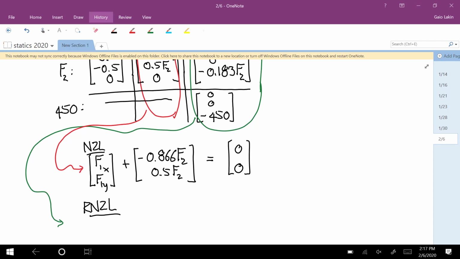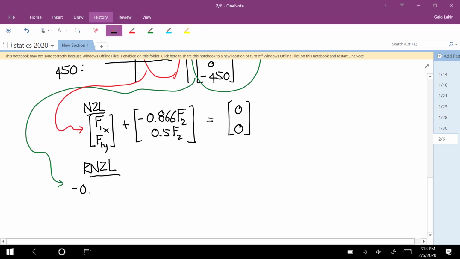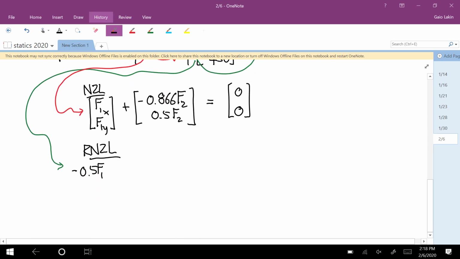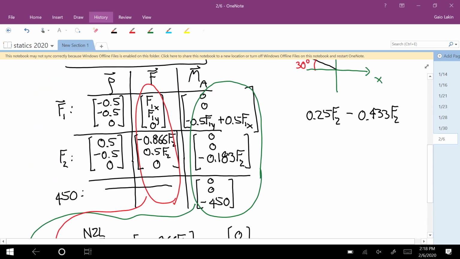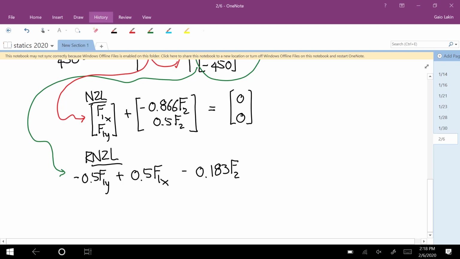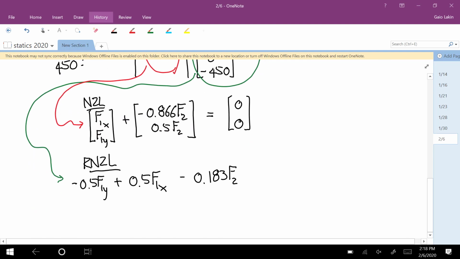So we have negative 0.5 F1y plus 0.5 F1x minus 0.183 F2 minus 450 is equal to 0.